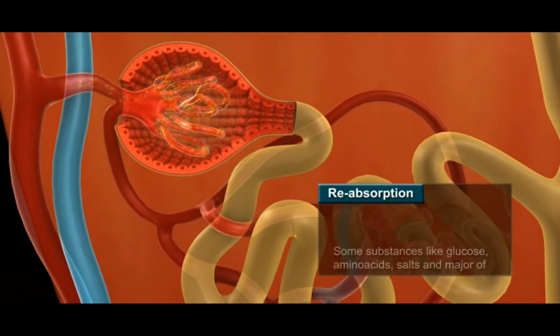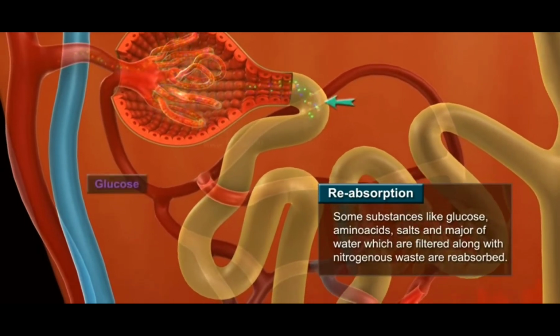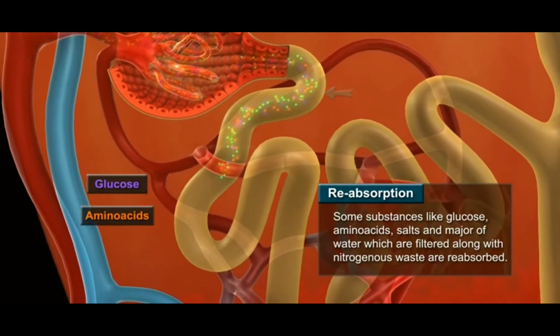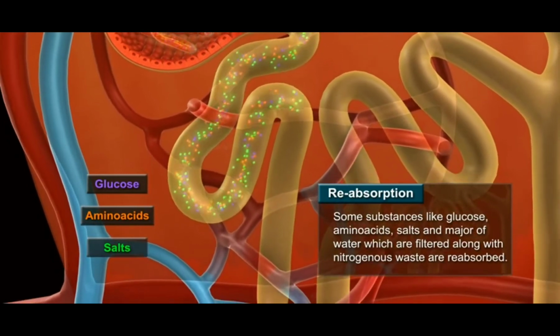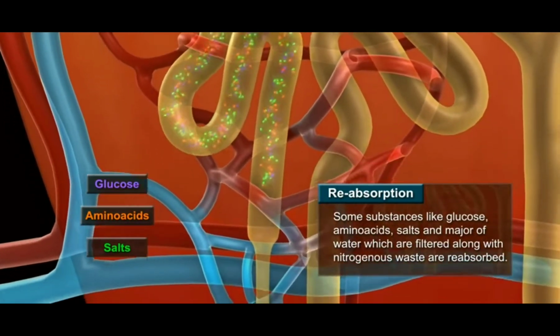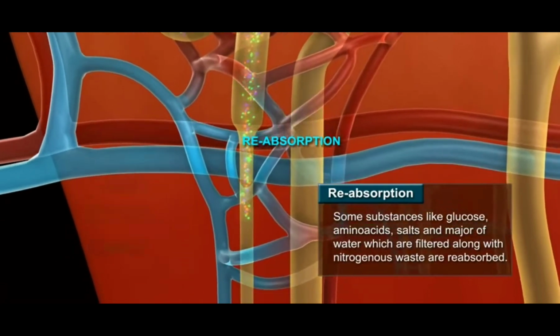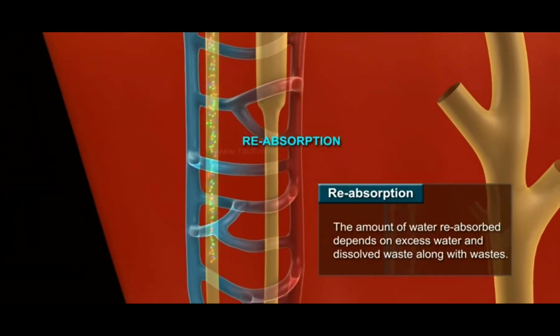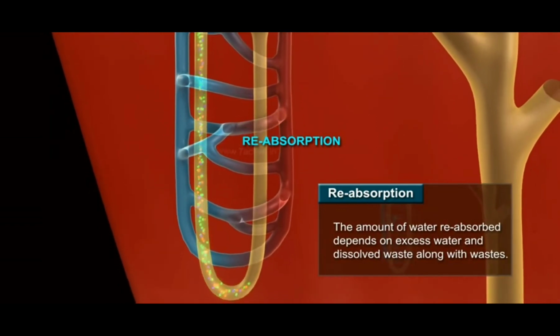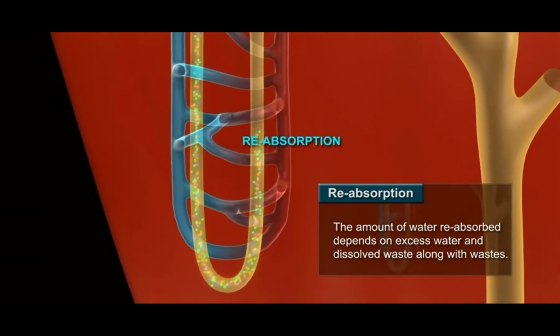Reabsorption. Some substances like glucose, amino acids, salts, and much of the water, which are filtered along with nitrogenous waste, are reabsorbed. The amount of water reabsorbed depends on excess water and dissolved waste along with wastes.